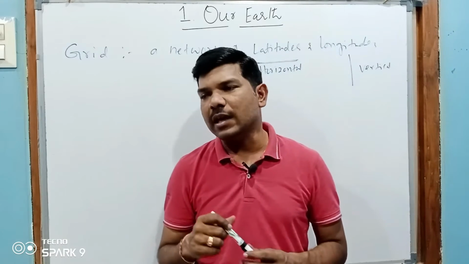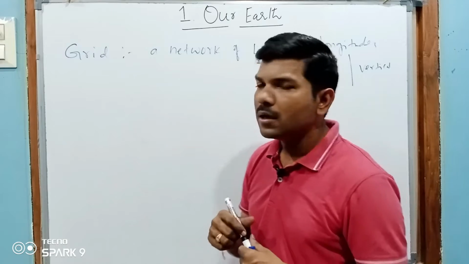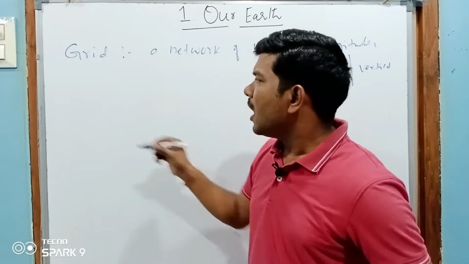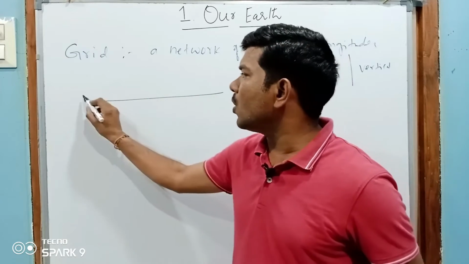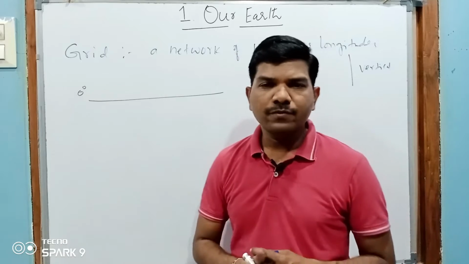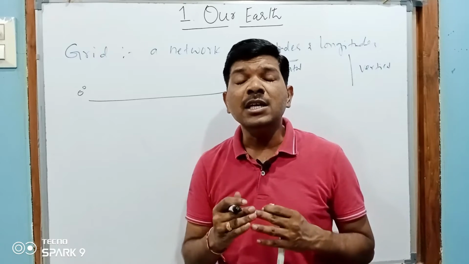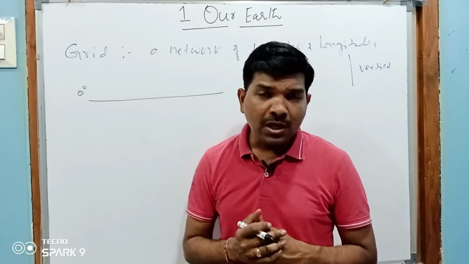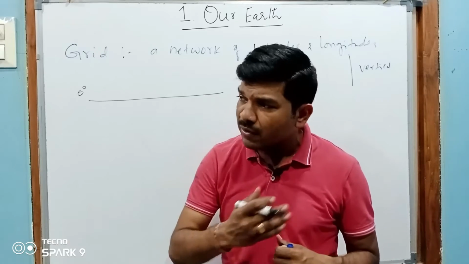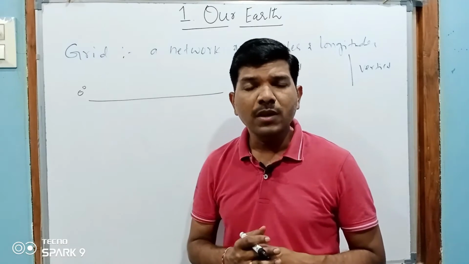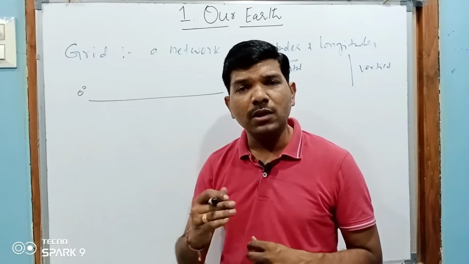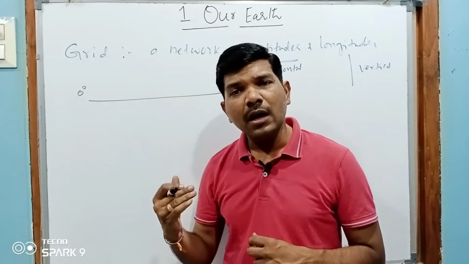How is it difficult? I want to tell you. For example, you tell your friend, I am staying at 0 degree latitude. 0 degree latitude passes through so many countries, from South America to Africa and Asia.